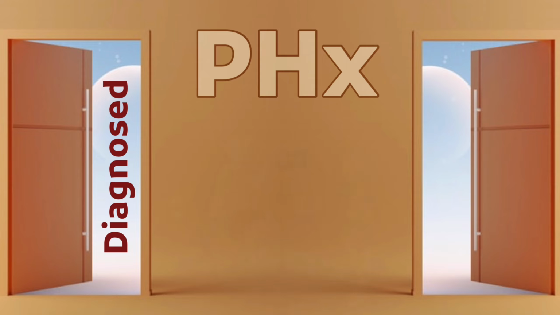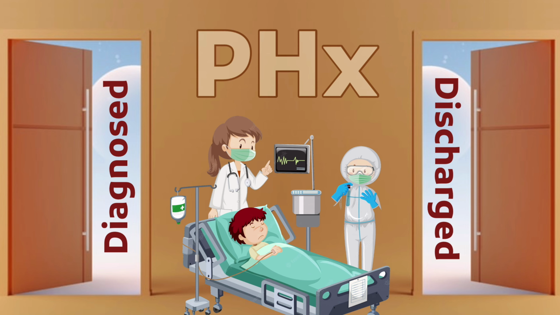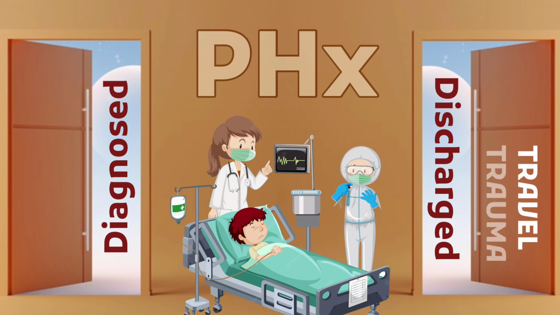Then possibly she was admitted, and after admission, she was discharged, and after discharge, she enjoyed her life and possibly traveled. Then during traveling, she may suffer some sort of trauma. So we need to ask about diagnosis, details, admissions, discharge, traveling, and trauma history. Now let's start.